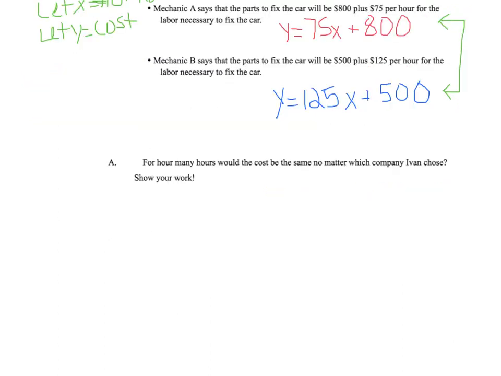So now we're going to look at question A. And it says, for how many hours would the cost be the same no matter which company Ivan chose? Show your work. Always want to show your work. So we have two equations, and both equations are helping us figure out the cost to Ivan. So if we wanted to see when the cost is the same, we could set these two equations equal to each other.